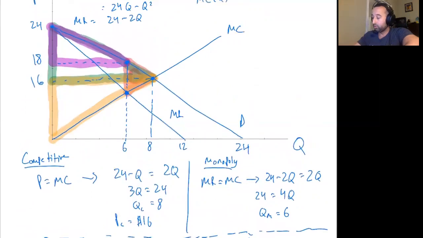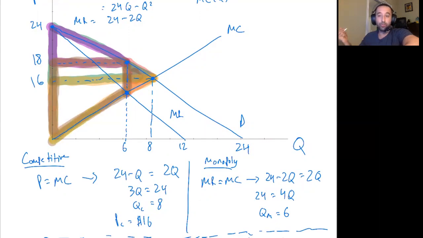The producer surplus, we'll do this one in brown, is the area above the supply curve up until the equilibrium quantity, up until the market clearing price. So it's this trapezoid here.